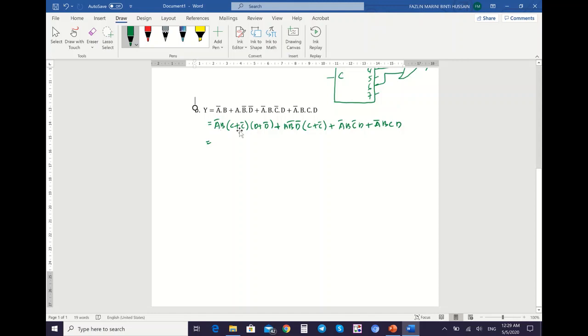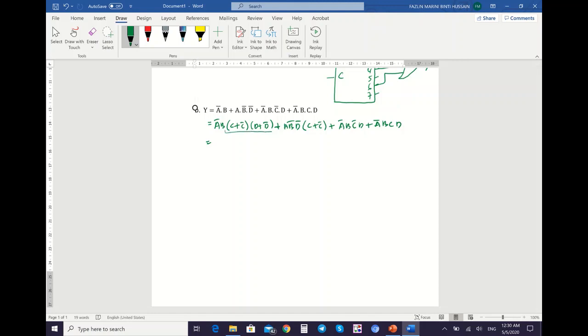So you need to be careful when you expand the expression. You may start by multiplying between these two terms, or you can multiply A bar and B with C plus C bar, and after that multiply with D plus D bar. It depends on you, as long as you do the correct steps. So I start with multiplying between these two terms.